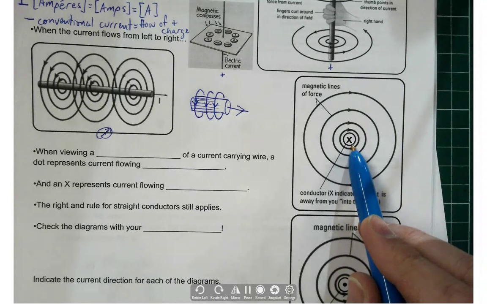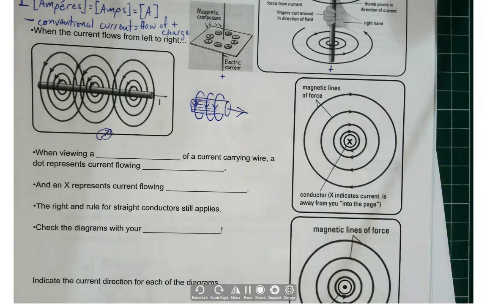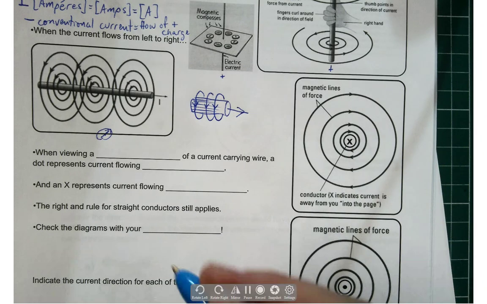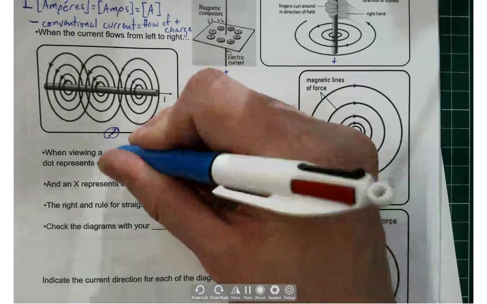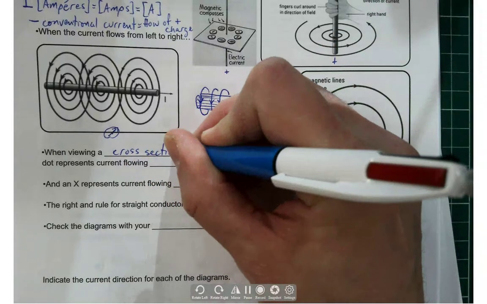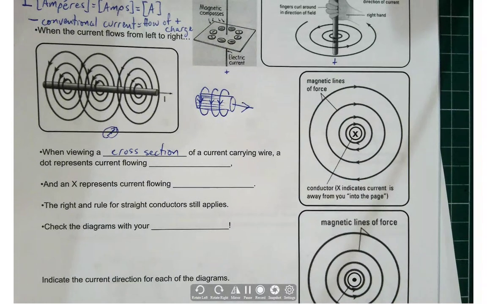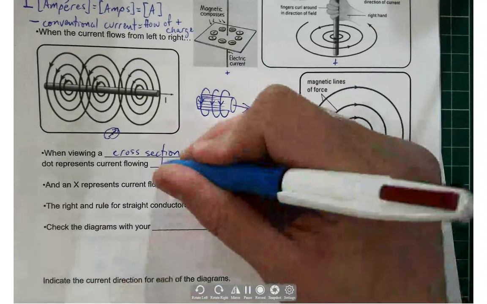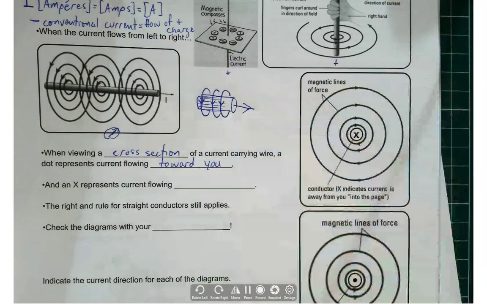Another thing is, what if we think about the current traveling into the page, away from us? So this is a wire. This X here represents a wire, and that wire has current traveling away from us. So I think I'm going to add into my fill in the blanks: when viewing a cross section of a current carrying wire, a dot represents current flowing towards you, while an X represents current flowing away from you.